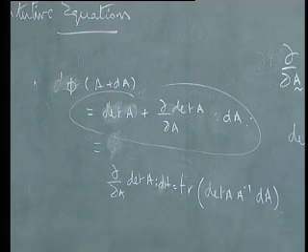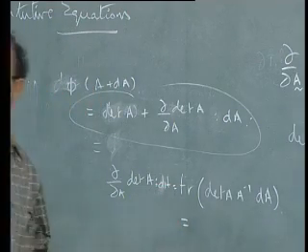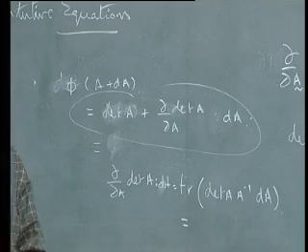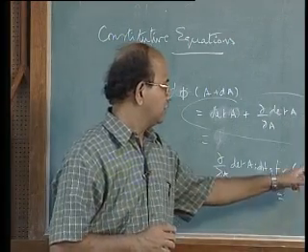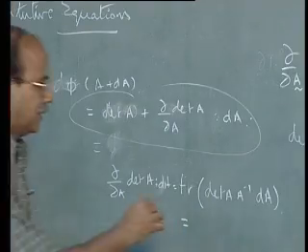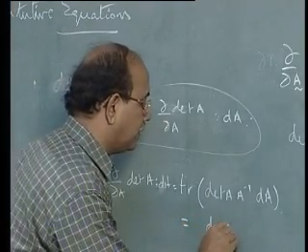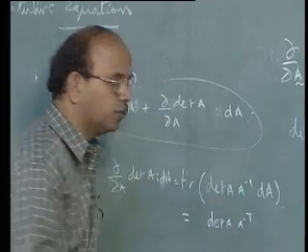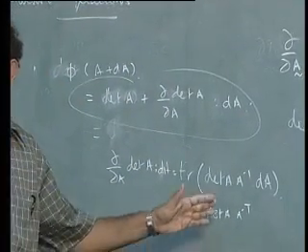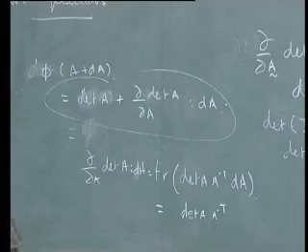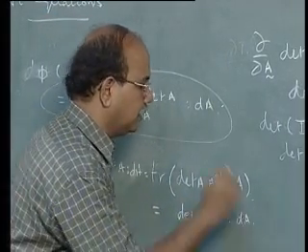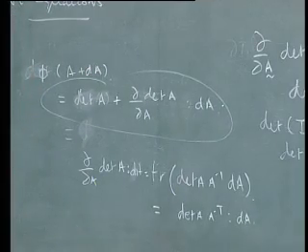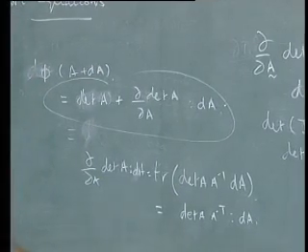But what is this? This is nothing but a double contraction, or double dot product. So this becomes the determinant of A times A inverse transpose double dot dA, noting that the determinant of A is equal to the determinant of A transpose. Yes, this is simple.